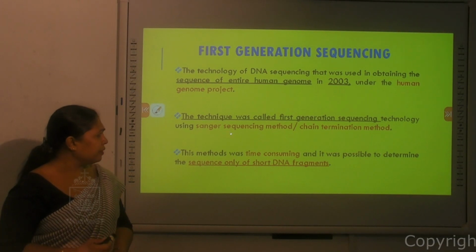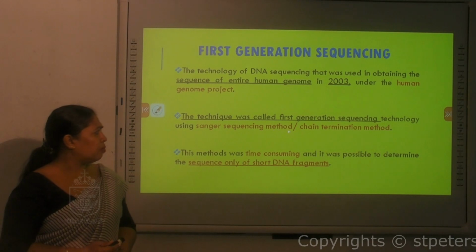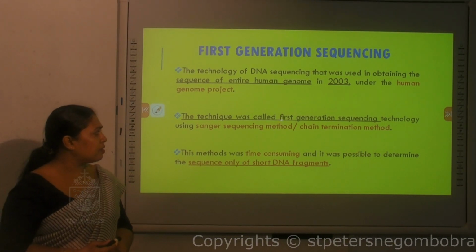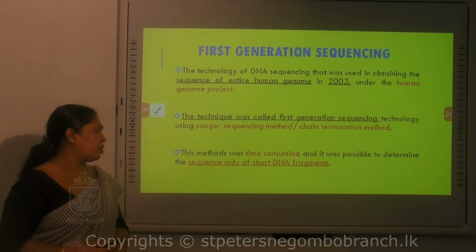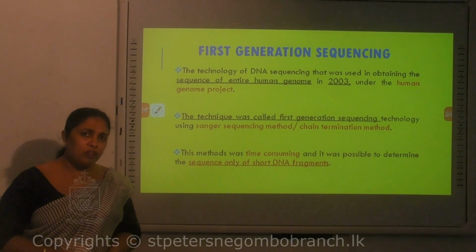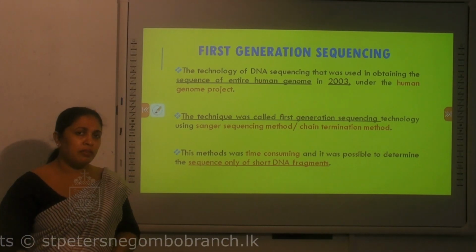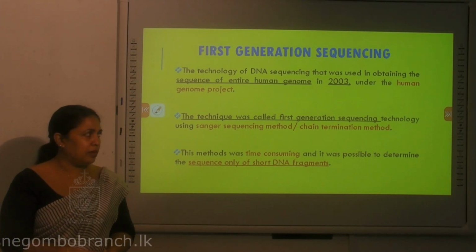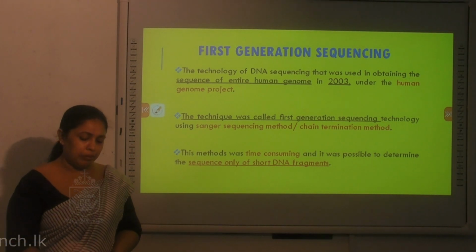The technique used was the Sanger sequencing method or chain termination method, and it is known as the first generation sequencing. It was time consuming because only small fragments of DNA could be sequenced, and several countries contributed in this effort, and actually it took 15 years to complete.